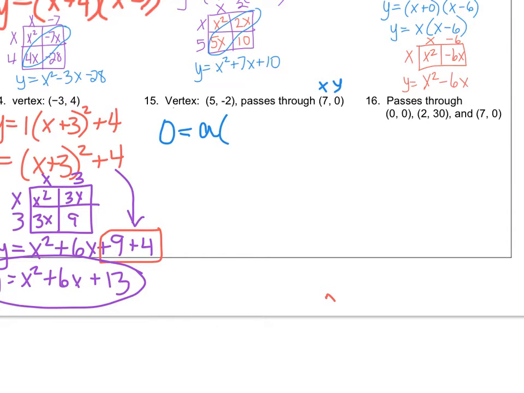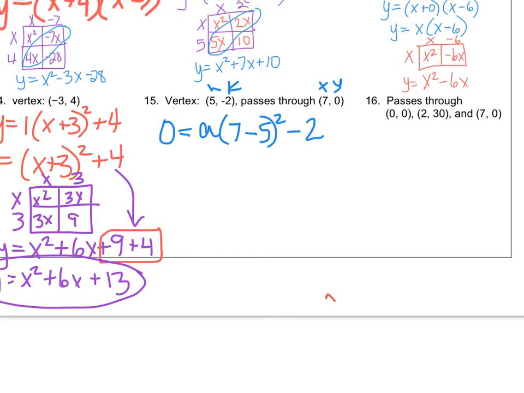And then the next thing is our x, so we're going to put in our x is 7, so 7 minus our h value, 7 minus 5, squared, plus k, and our k is -2, so plus -2.